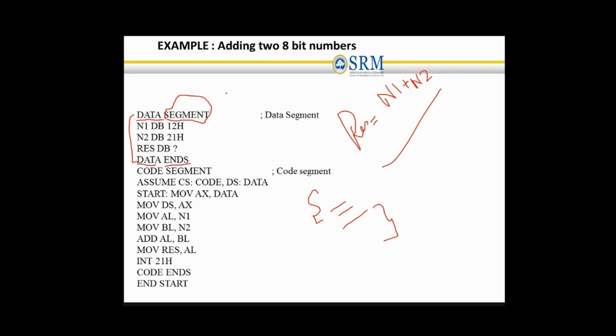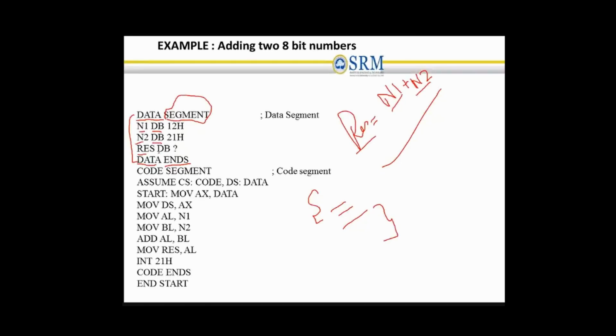Here I'm going to use N1, N2 and result. So you write N1, N2 and result. After that, I have to tell the data type. I'm going to use DB, define byte. Byte means I'm going to use 8-bit data, and here also 8-bit data.